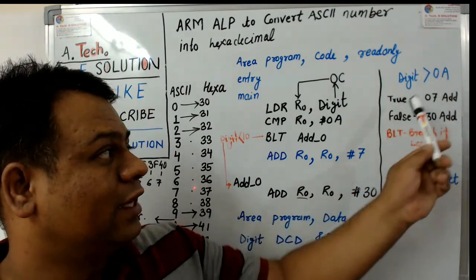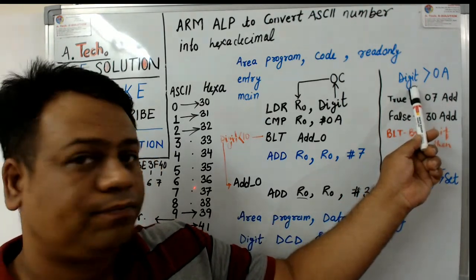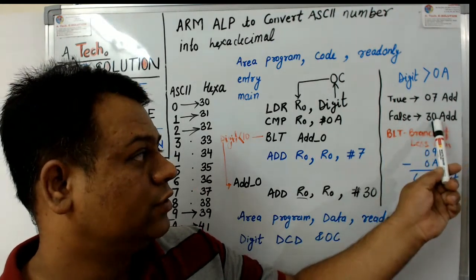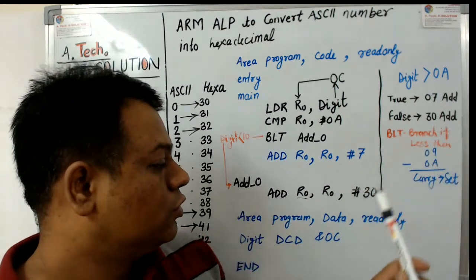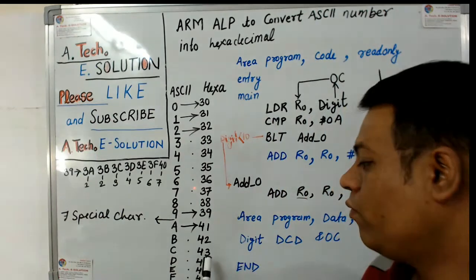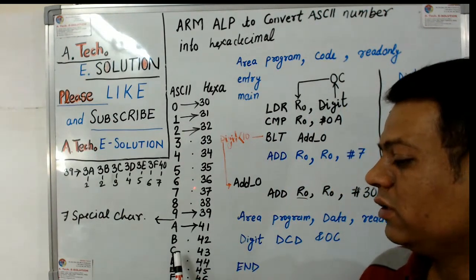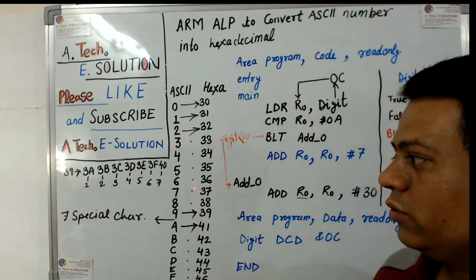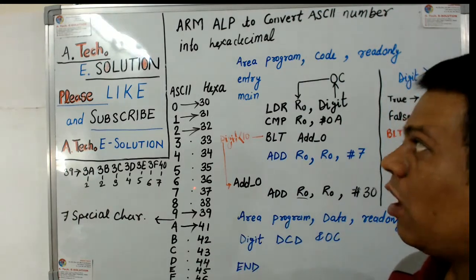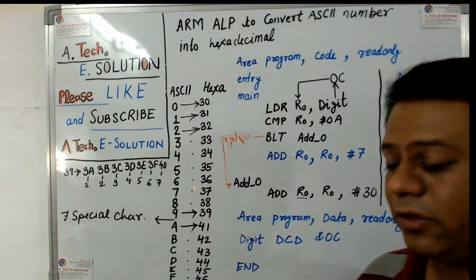So in this case, this instruction is true, then we add 7 and 30 to that number, so we get the corresponding result 43 across C. So this is the basic program to convert an ASCII number into a hexadecimal number.